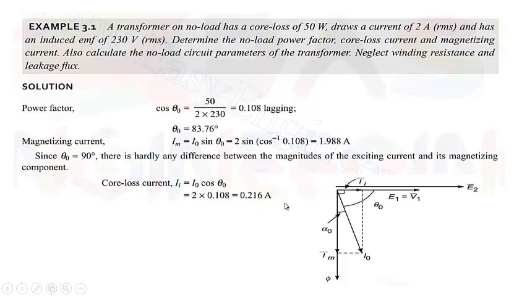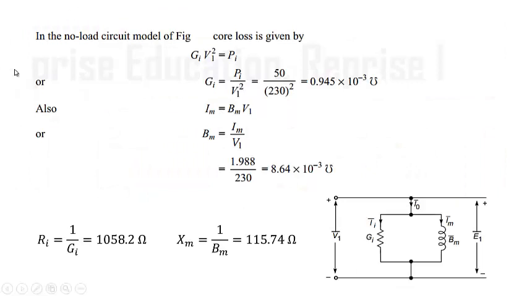Now to calculate the parameters of the no load circuit model, we need to calculate Gi and Bm, or Ri and Xm. V1 squared into Gi will be equal to Pi, that is the input power, because power will be drawn by this only, which is given as 50 watts.